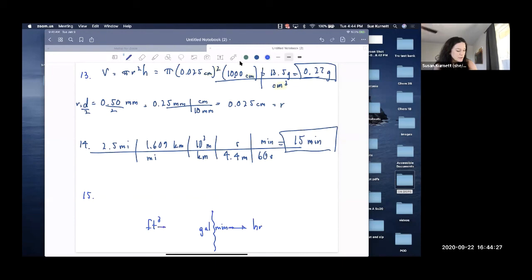So feet cubed, I'm going to go to inches cubed, centimeters cubed. Oh, it's a long path. Let me get some more space. Liters, quarts, gallons. It's a long path.